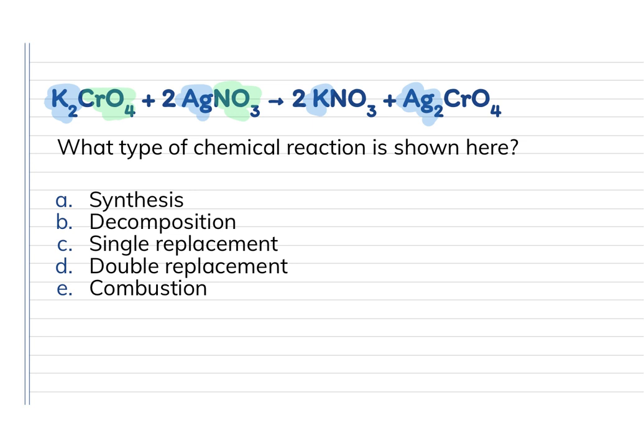In this reaction, we have our metals in blue, our nonmetals in green, and what is happening to them? So we have them switching partners. What kind of reaction would happen where they're switching partners? That's a double replacement reaction.